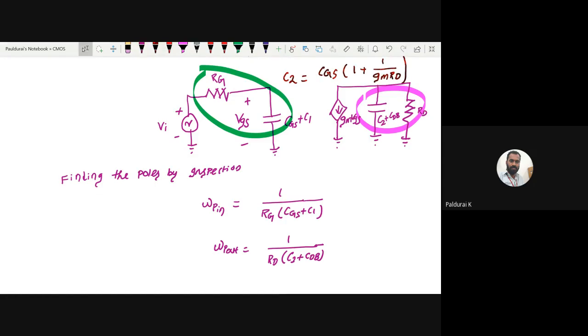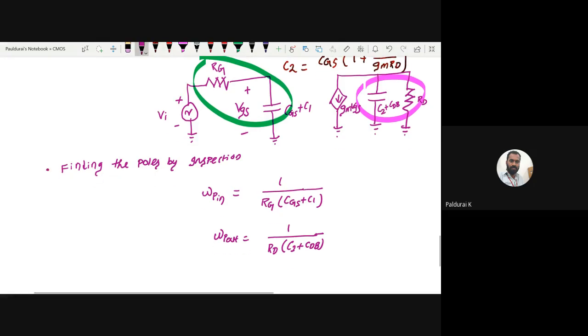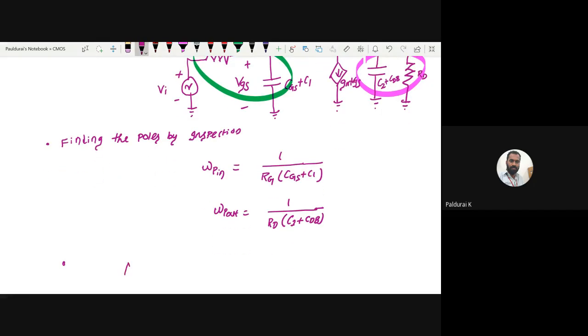So after finding the poles by inspection, you know how to write the transfer function or gain, right? It is minus gmRD over 1 plus s by omega P1 times 1 plus s by omega P2.